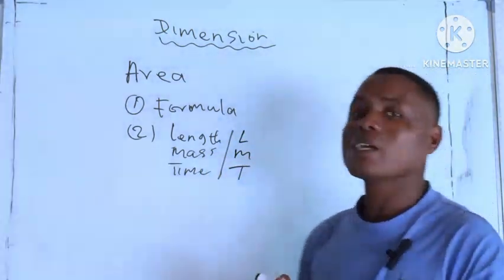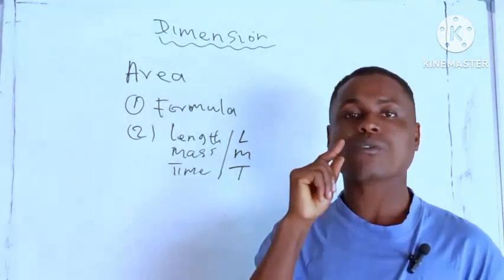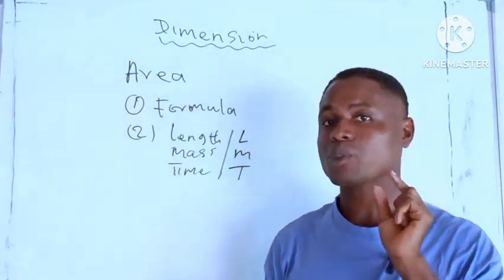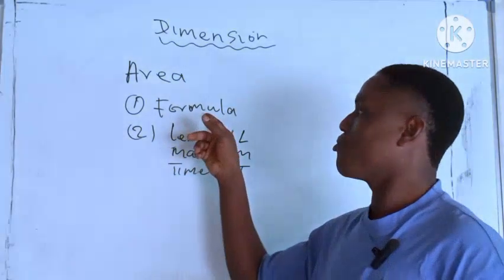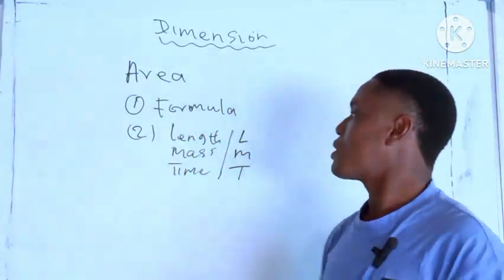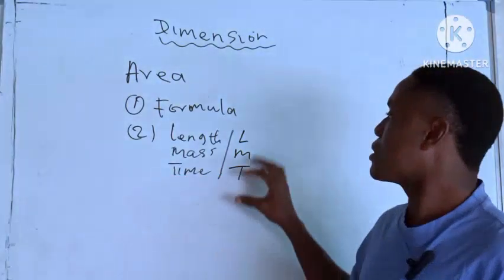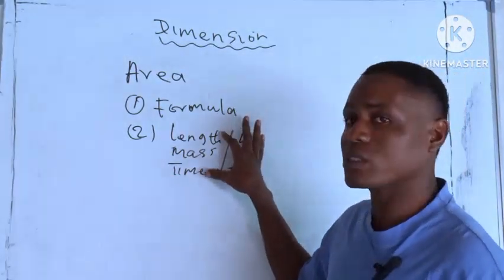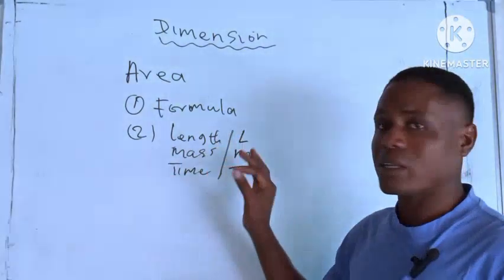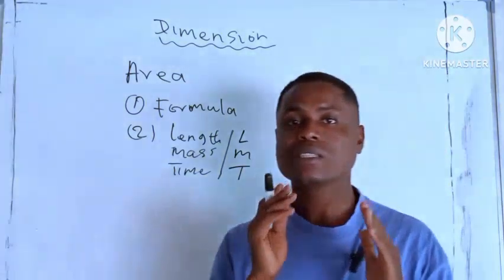So for writing down or calculating the dimension of any particular quantity, the first thing that should come to your mind is the formula, right? Secondly, the second thing that should come to your mind is these three approved quantities. All these are fundamental quantities, right? Length, mass, and time. Now, listen.